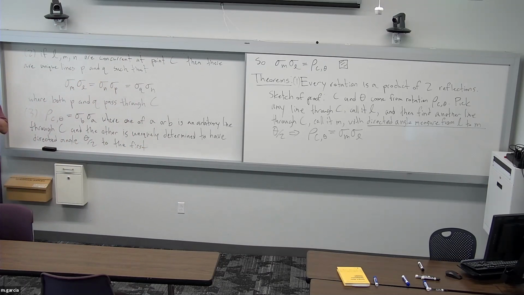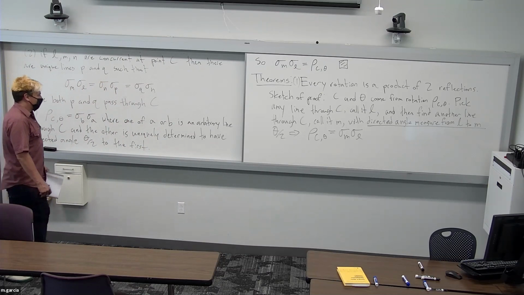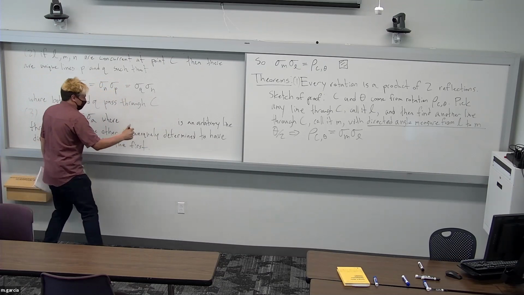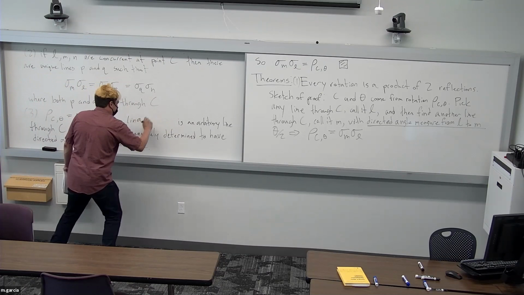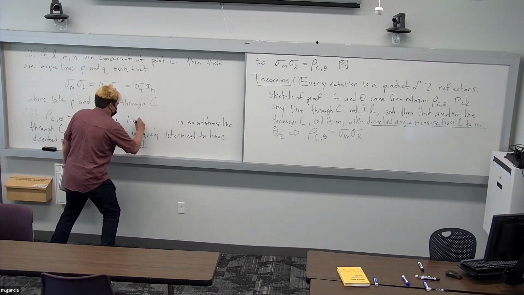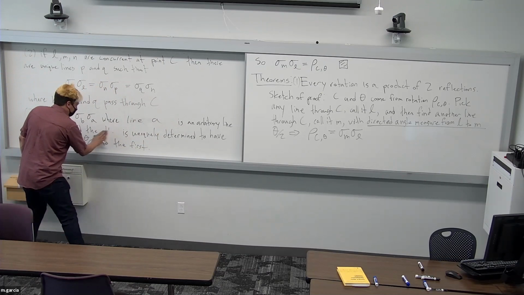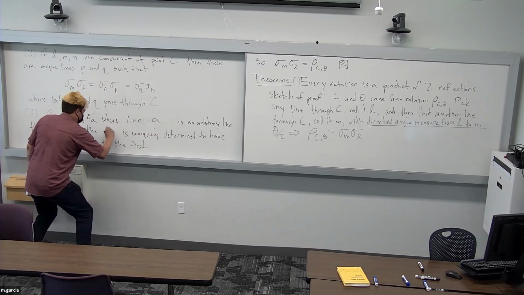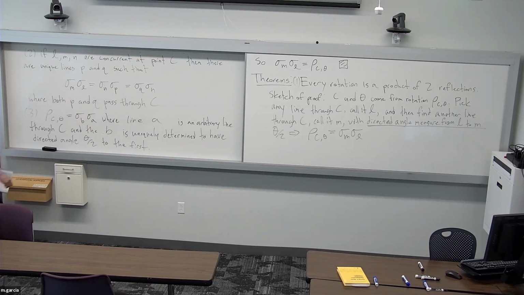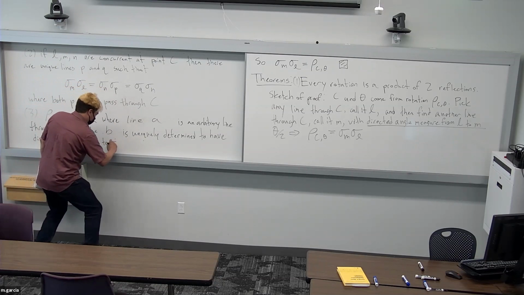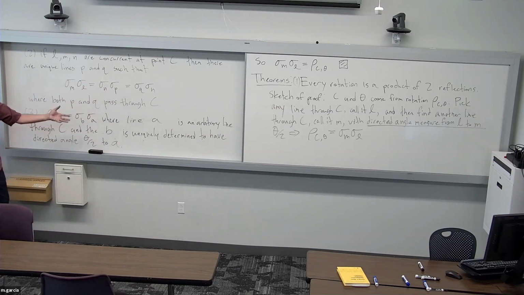Okay, that is to say, where line A is arbitrary, and B is uniquely determined to have directed angle theta over 2 to A. Of course, you can switch the labels and do the same thing.